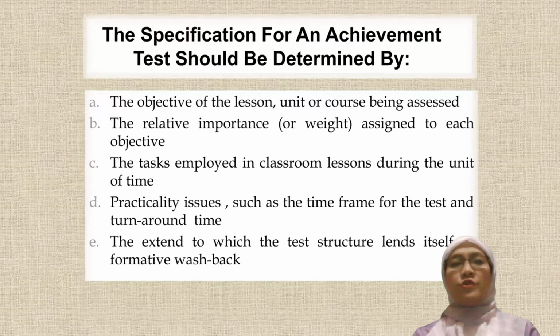The relative importance or weight assigned to each objective. Ya. Kemudian pembobotan atau tingkat kepentingan dari masing-masing objektif. Ya. For example, if it is about grammar nih, how will the weight of the importance, mana yang lebih penting ya?